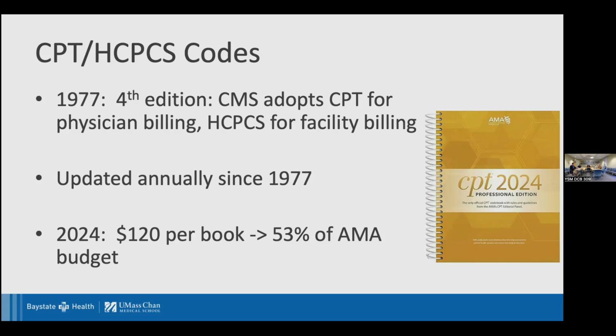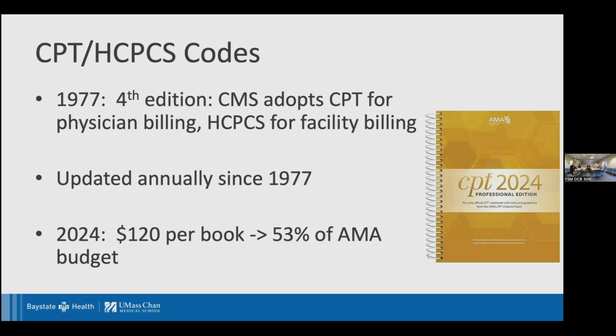In general, codes are parallel, but CPT is generally administered by the American Medical Association, and HCPCS is administered by CMS, the Center for Medicare and Medicaid Services. Since 1977, CPT has been updated annually. New updates follow the academic year cycle. They take effect on July 1st, generally.